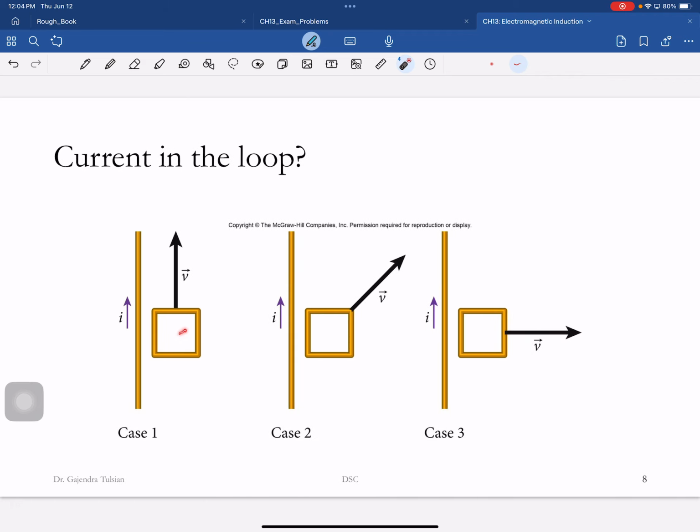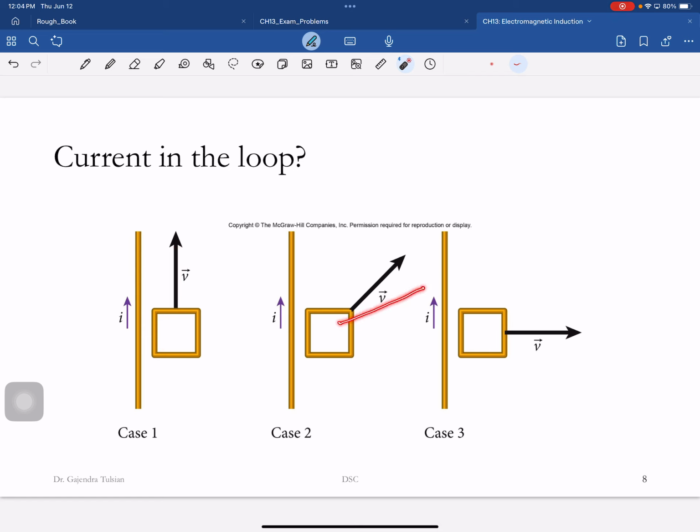How about this guy? So this current produces a magnetic field like that. As long as this guy is moving parallel to the wire, the number of field lines through that is not changing. So you won't have any current through there.